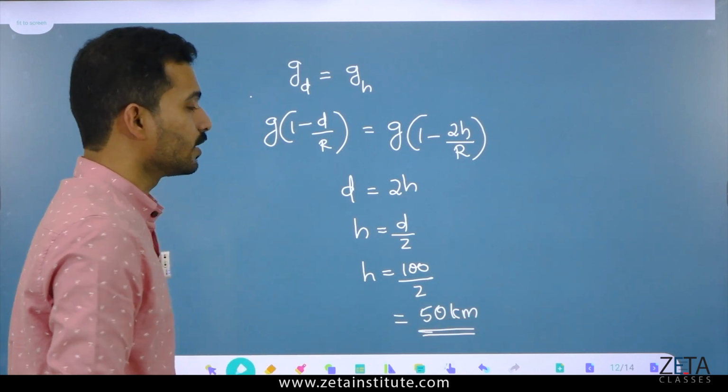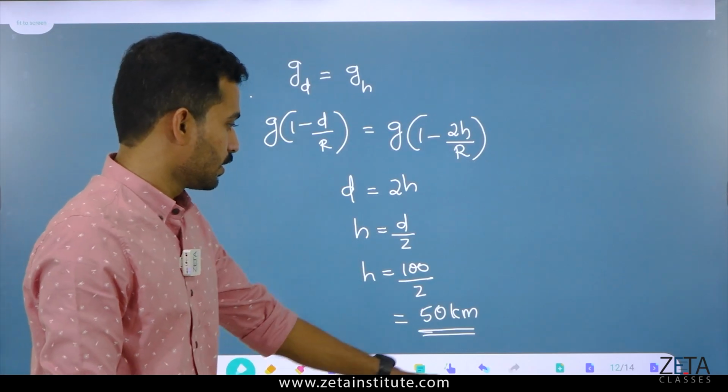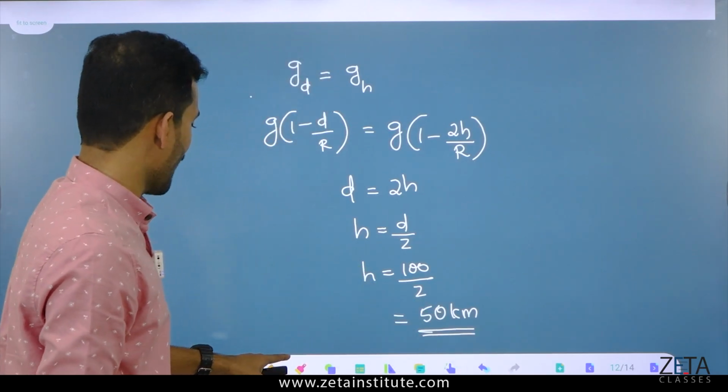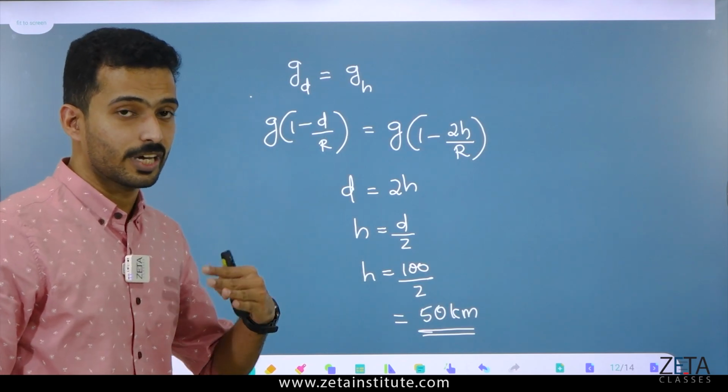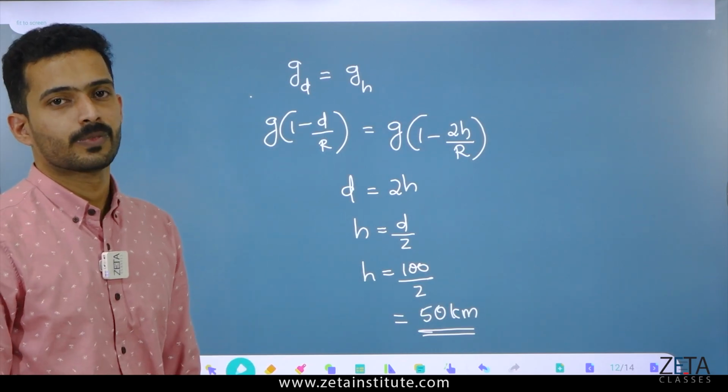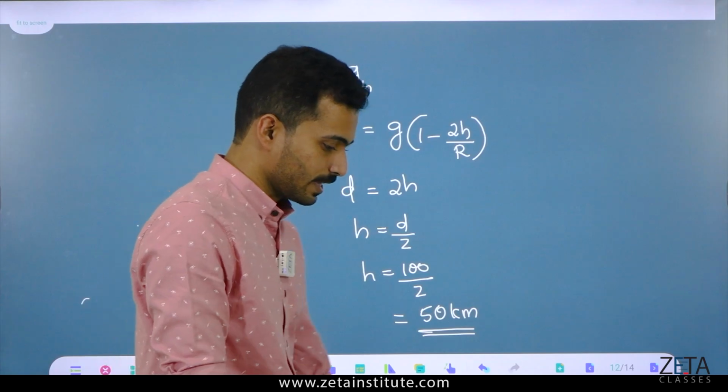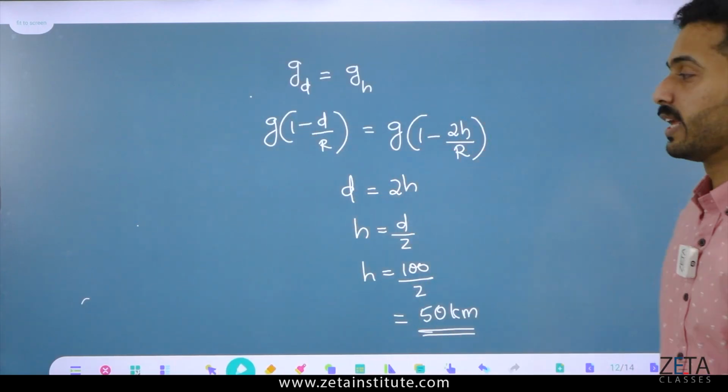So at a height of 50 kilometer, the value of acceleration due to gravity is the same as at a depth of 100 kilometer. So the answer is height h is equal to 50 kilometer.